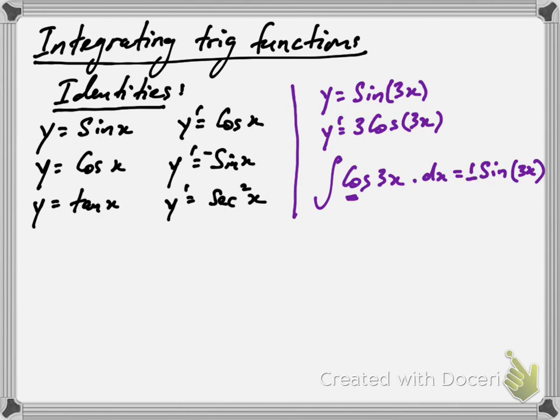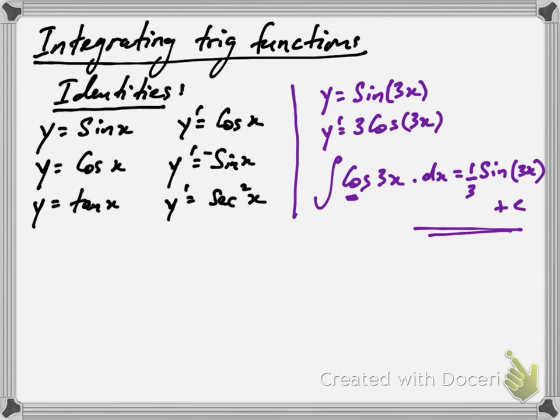So the 3 comes in front, becomes 1/3 plus c, and that's your solution for basic integration of a sine or trigonometric function. Okay, so using these scenarios, there are rules for sine, cos, and sec squared going in the opposite direction.